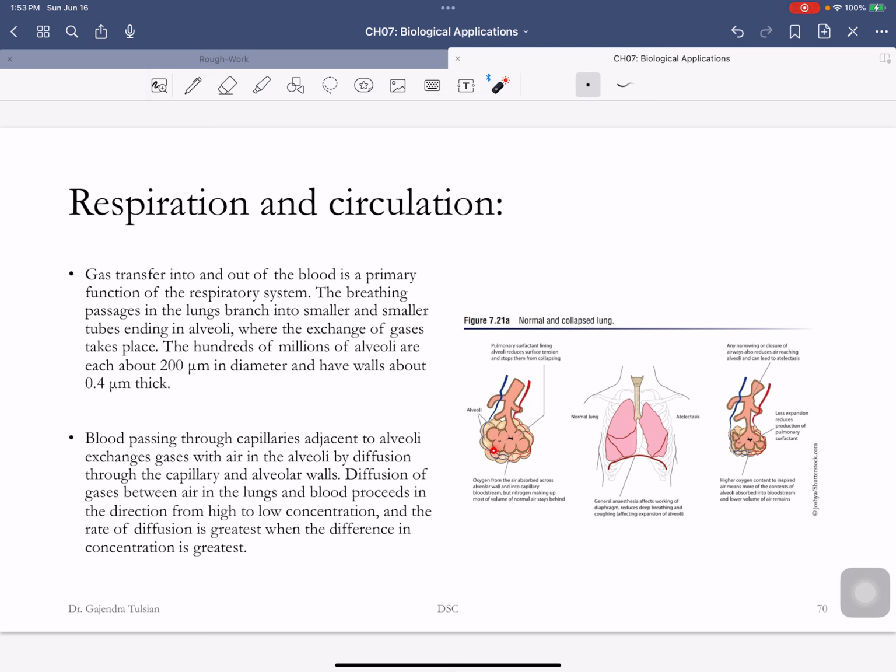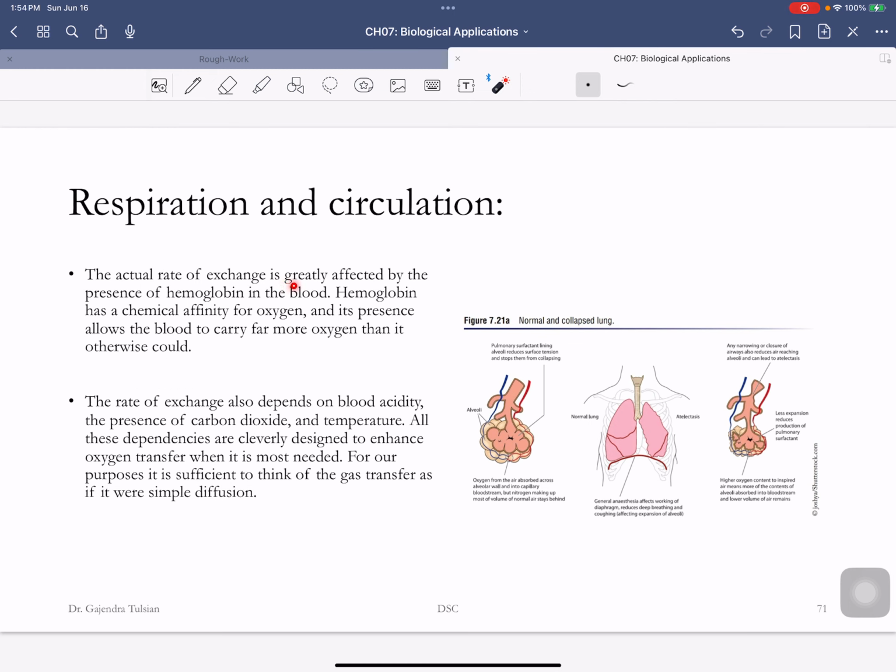So this blood exchanges gases with the air in the alveoli by diffusion through the capillary and alveolar walls. So carbon dioxide goes into the alveoli, oxygen comes into the blood. Diffusion of gases between air in the lungs and blood proceeds in the direction of high to low concentrations, and the rate of diffusion is greatest when the difference in concentration is greater.